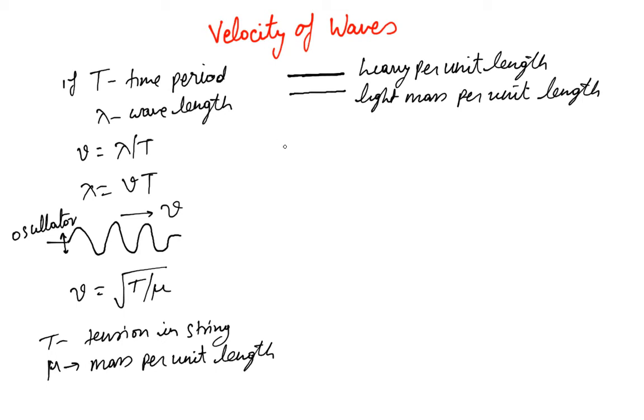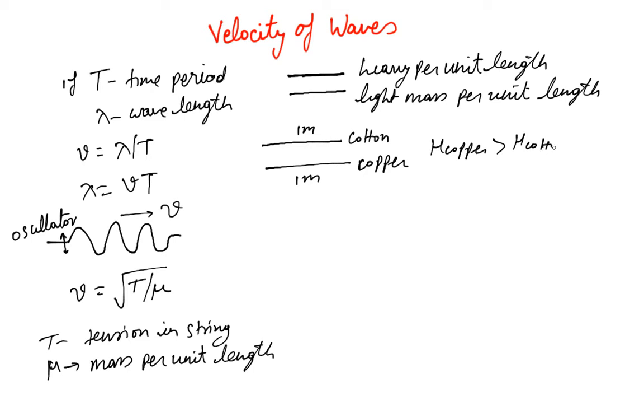Just to clarify, let's say you have a rope which is 1 meter and there's another rope which is 1 meter. If this one is made up of cotton and this one is made up of copper, and they have the same thickness, then the copper rope will have a higher mu than cotton.